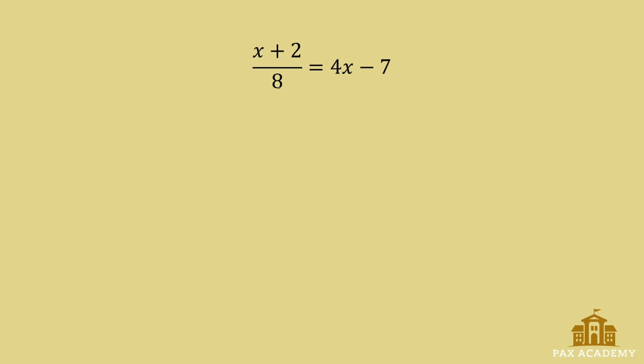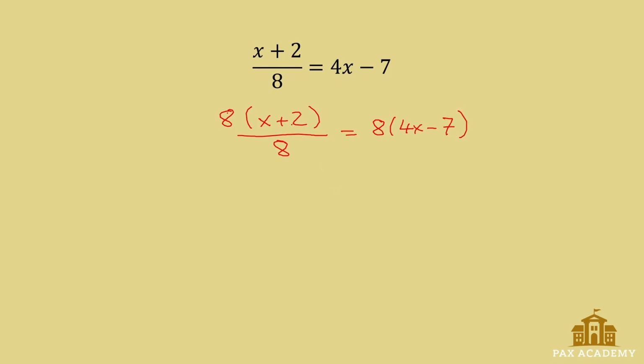So in this case, what we have on the bottom of the fraction is 8. Therefore, we need to multiply every term in this equation by 8. So, we have 8 times x plus 2, divided by 8 equals 8 times 4x minus 7.